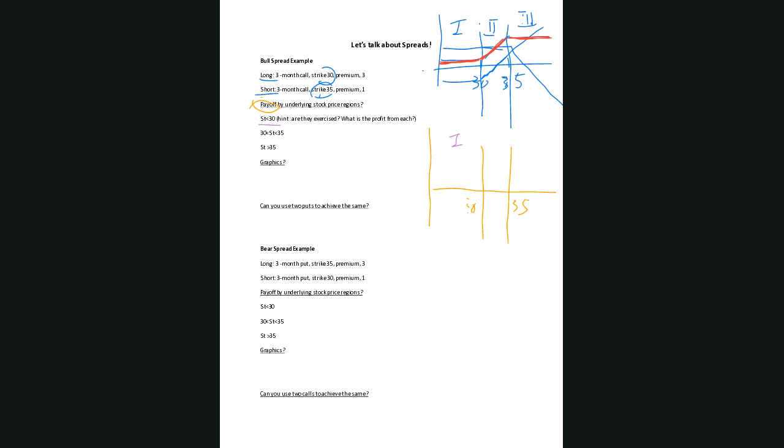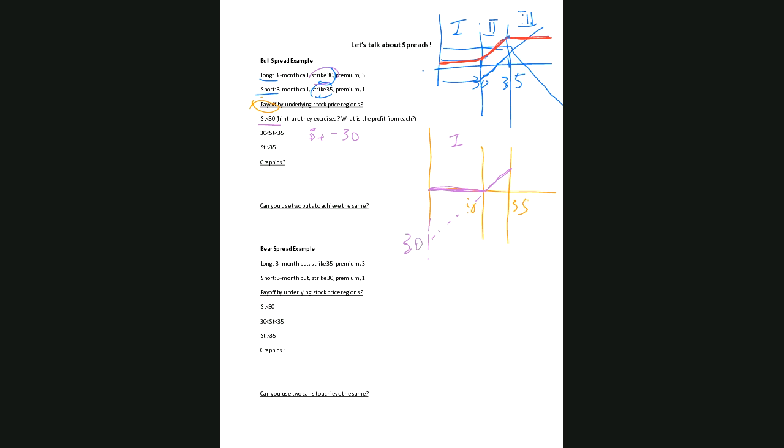In the second region, between 30 and 35, the lowest strike one, this long call, is exercised, right? So you get ST minus 30, in this region right here, with this dashed line coming back to hit it here at 30. I don't know why it is so hard to recognize this line here.